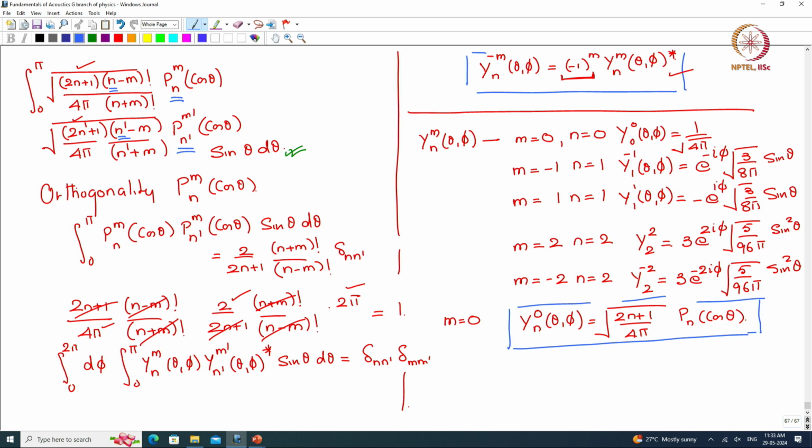Okay. Now, the spherical Bessel equation, spherical Bessel functions.